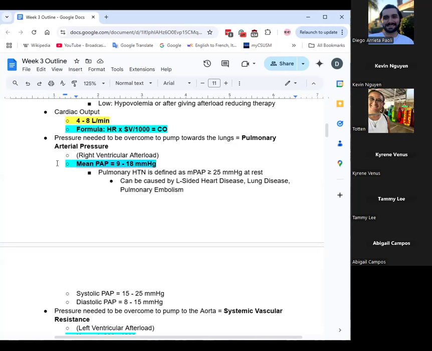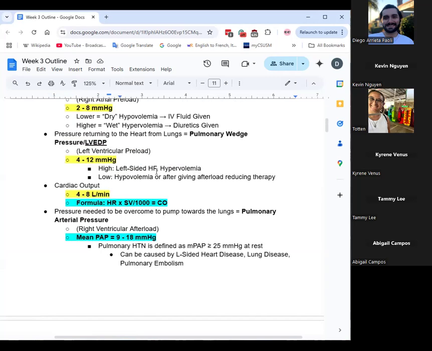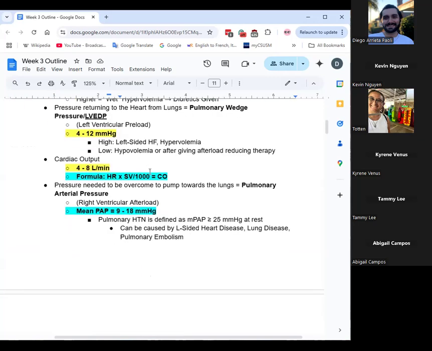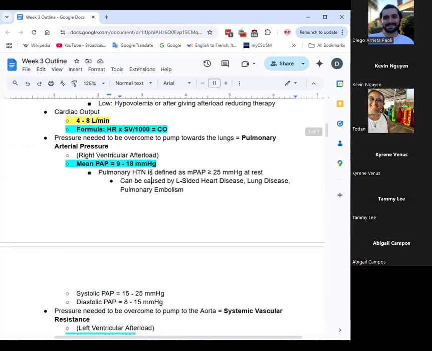Again, you don't particularly need to know this for this. You should be able to figure it out based on your CVP and whatnot. Again, extra information, your pulmonary hypertension that we've learned in previous semesters: this could be a way to determine it.